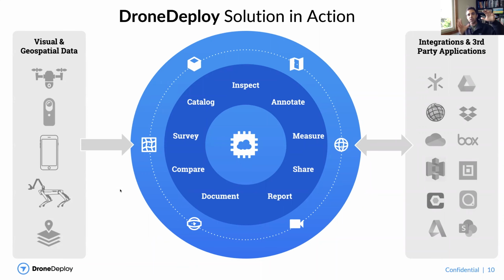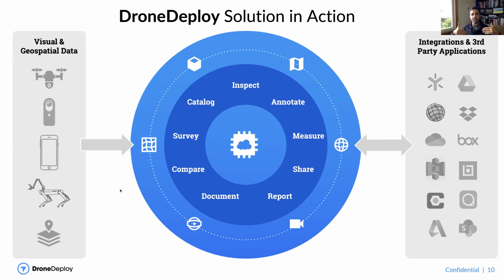We integrate and control all of those sensors with our software, with the mission of allowing our customers to collect data quickly and easily so that they can input the data into our system and then do what they want with it, which is measure it, analyze it, annotate it, share it, document, and record it. We have a ton of tools around measuring and sharing, which we'll show in a second, that can help you gain value from the drone data you've collected.